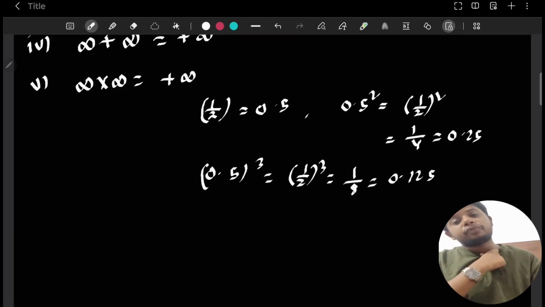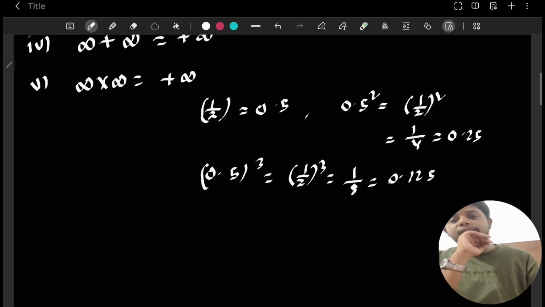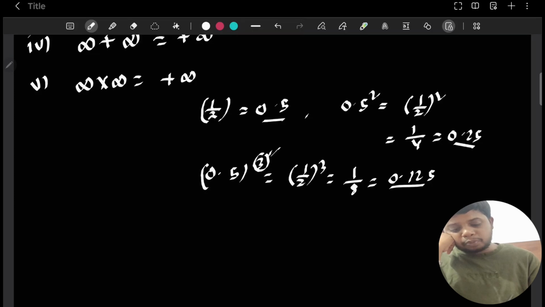Can you feel it? It is decreasing. 0.5, 0.25, 0.125. So if I take that exponent as big as possible, it will become 0. You'll say yes sir, it will become 0 only.